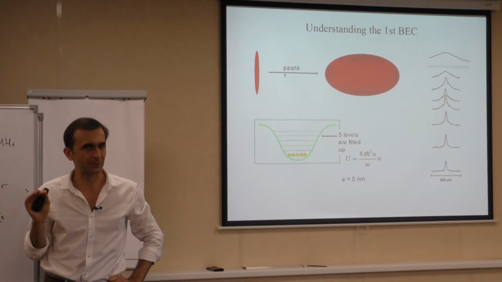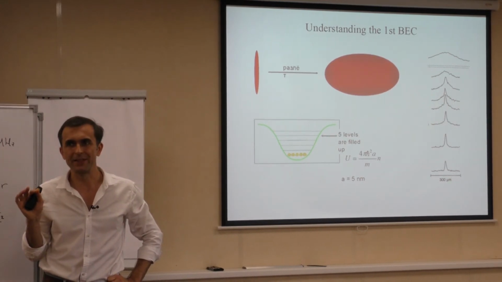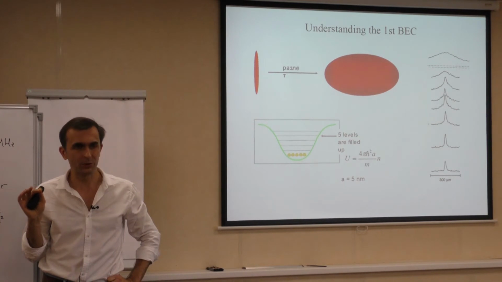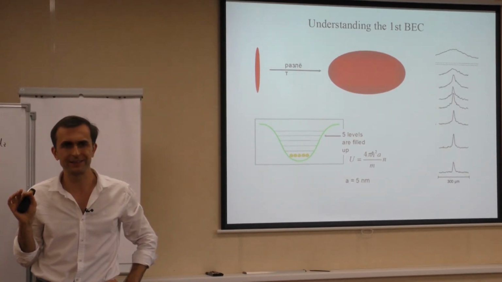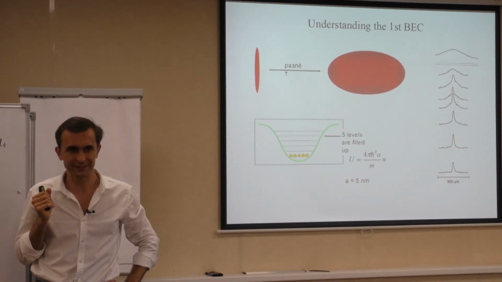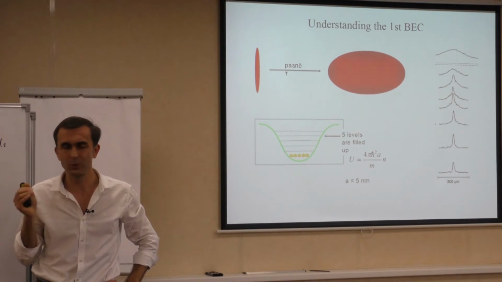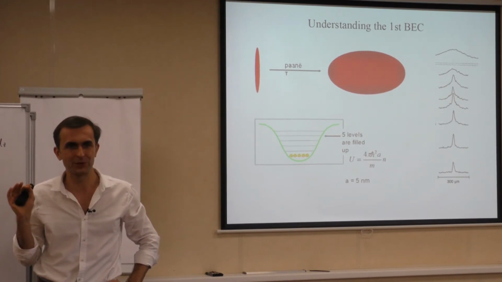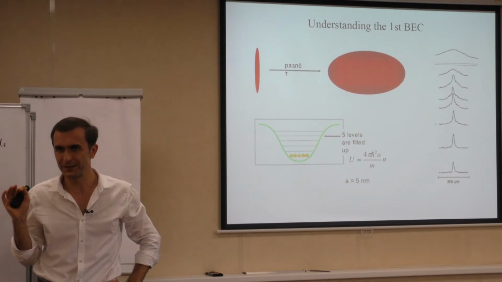Optical dipole traps appeared at the end of the 80s. But only by the year 99 did they become stable and suitable for producing ultra-cold gases. Why was that? There was very simple physics which defeated the advantages of optical dipole traps.